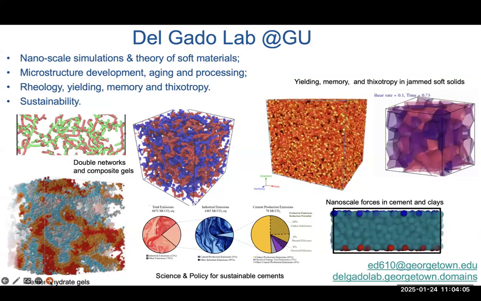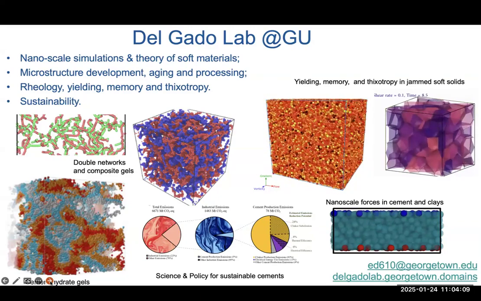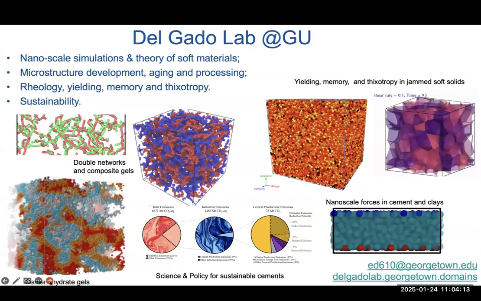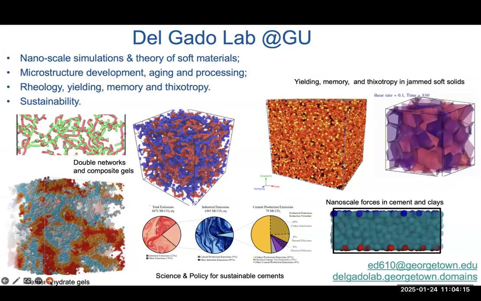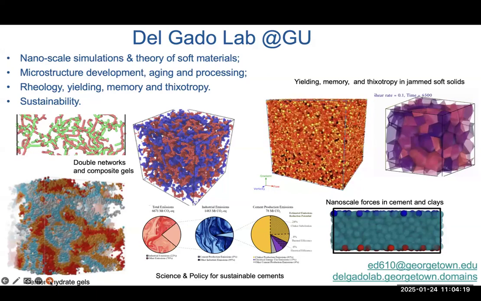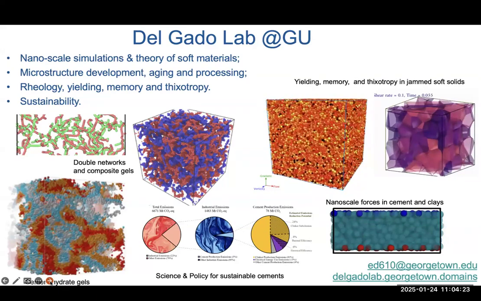Because one of the materials that we have studied a lot is gels that form during cement hydration, some part of our work has been directly connected with science policy issues about how to promote the use of sustainable materials for construction.